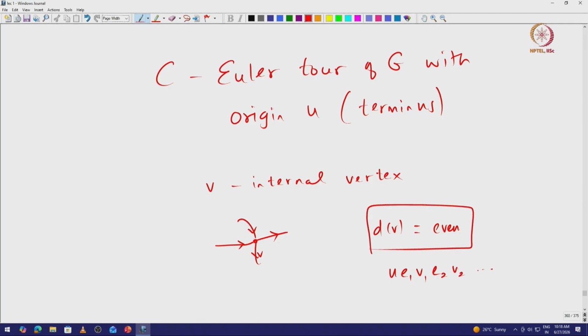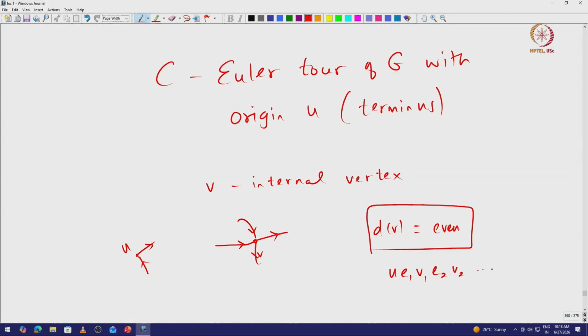What happens to the origin? Some edge goes out of the origin and some edge comes into the origin, so the origin vertex U also has even degree.